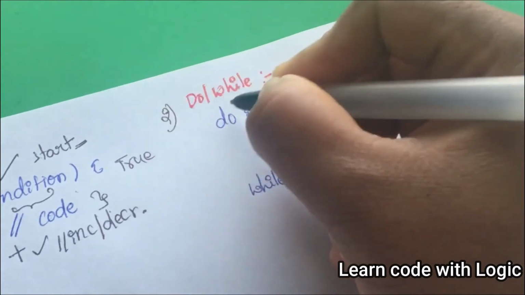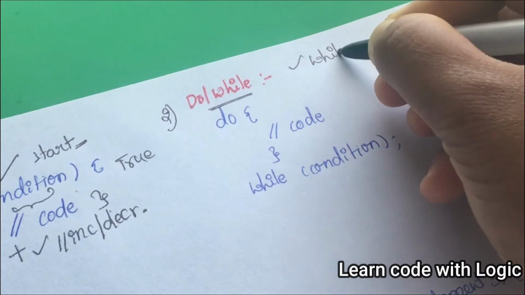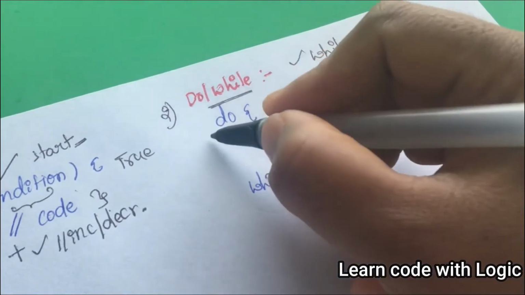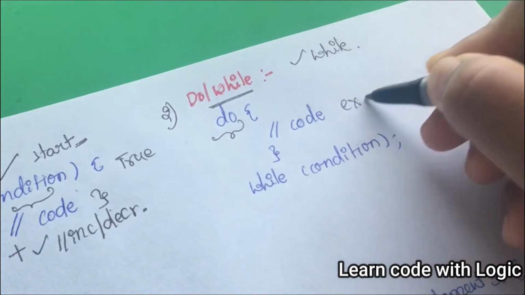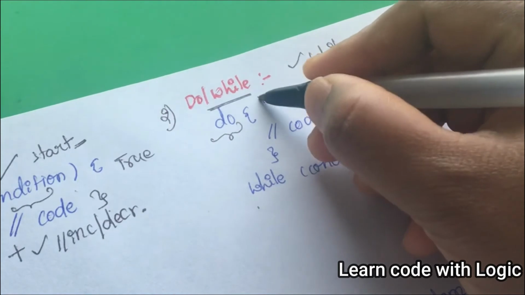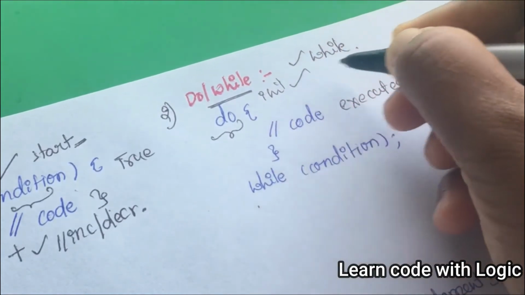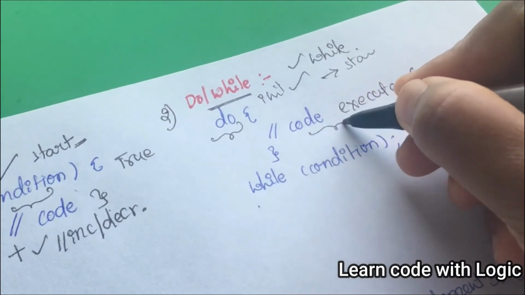The second one, the do while loop, is also similar to the while loop, but the difference is that the do while loop first executes the code. We also have the initialization, meaning a starting point, then execution.